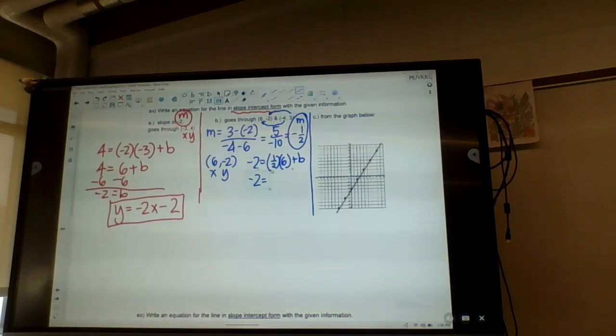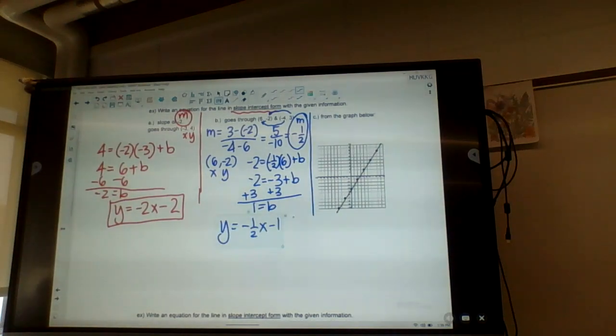Well, -1/2 of 6 would be a -3. And then I move that over, and I find out my b is 1. So again, then we have to write it as a complete equation, y equals mx plus b.